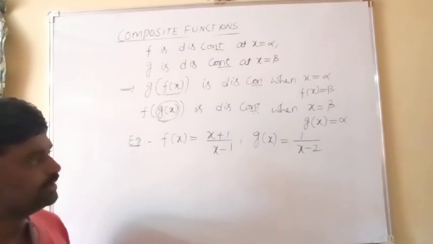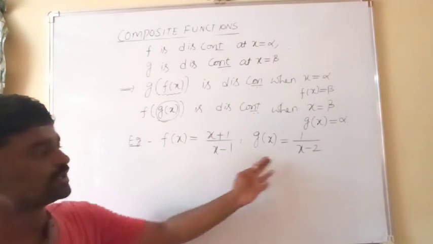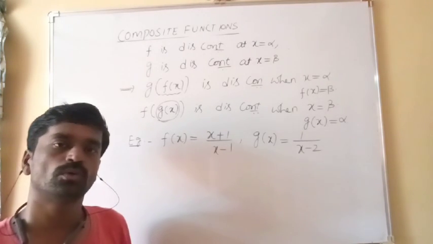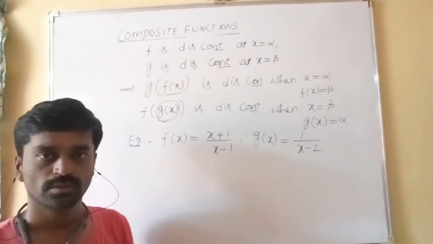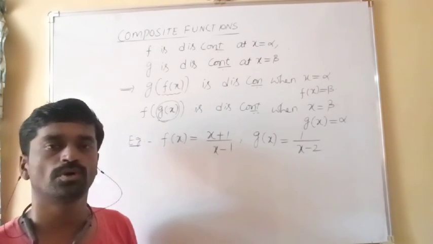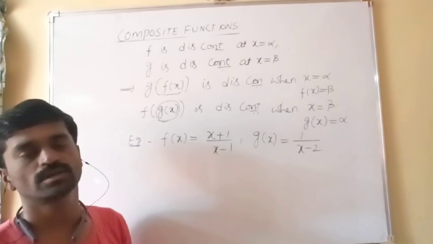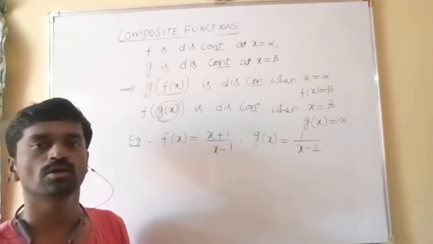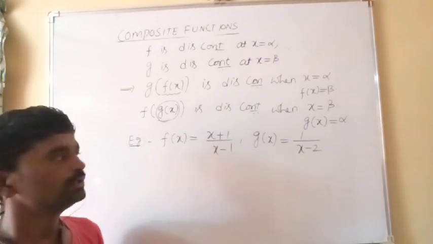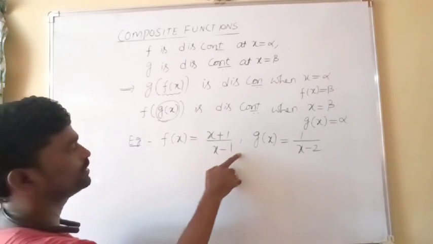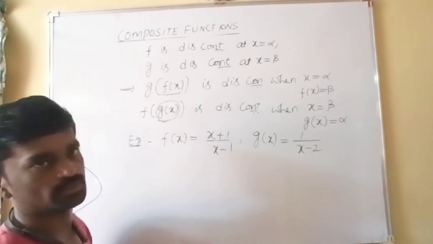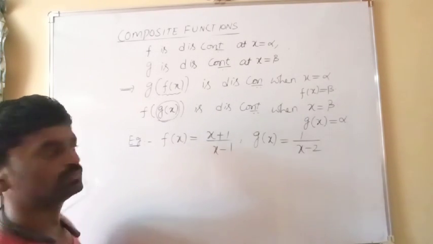Clearly both functions are rational functions, so both are continuous in their domains. That means they are discontinuous at the points where those functions are not defined, that is, when the denominator is equal to 0. So f is not defined when the denominator x minus 1 is 0, that means x is equal to 1.